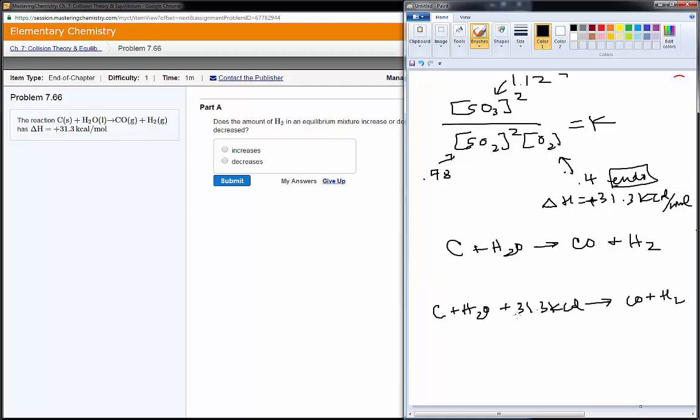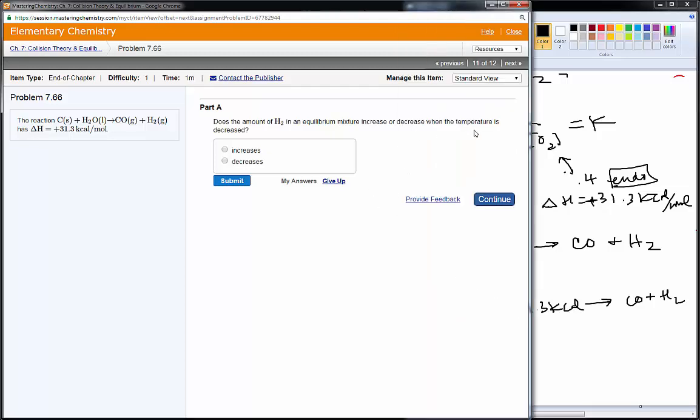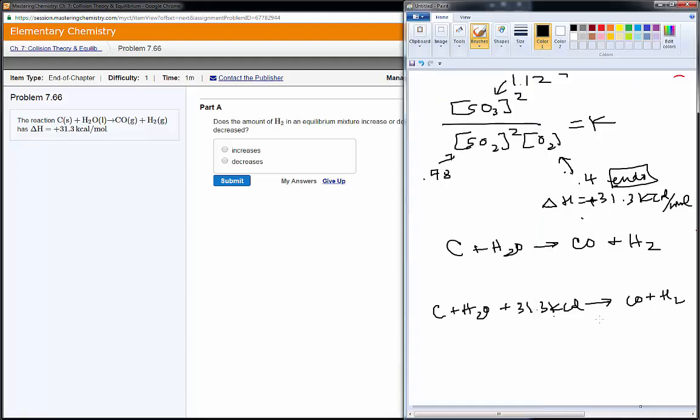of my other reactants. So here, if the temperature is decreased, then I'm removing heat from the reaction. I'm removing heat. And so if I remove a reactant, then I know equilibrium tells me that I'm going to try to offset that change by making more of that reactant.